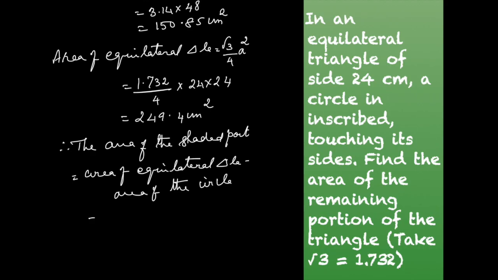So what do we have? The area of the equilateral triangle is 249.4 minus 150.85. If we subtract, we get 98.55 centimeter square. This is our answer, the area of the remaining portion.